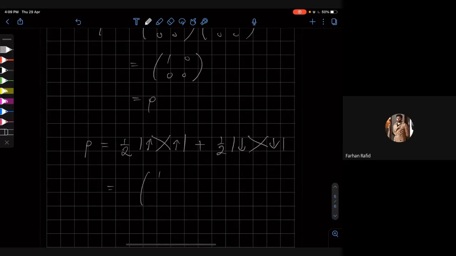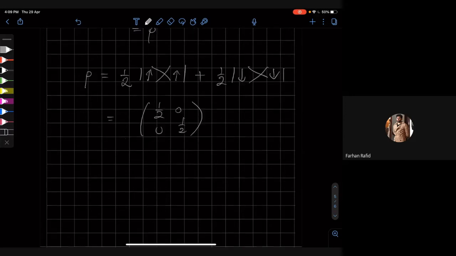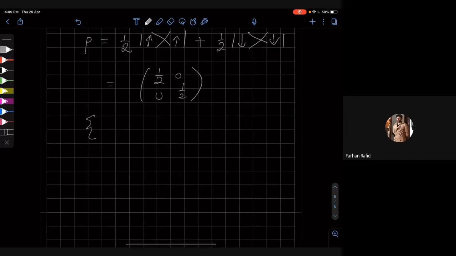Then the mixed state is this thing, right? Now it can be that the probability distribution is something more complicated. It could be that there is a half chance that you're going to get spin up, a 1/4 chance that you're going to get spin down, and a 1/4 chance that you get x plus.